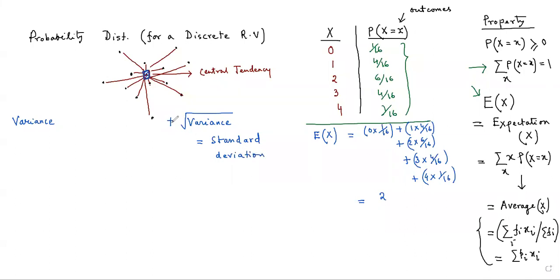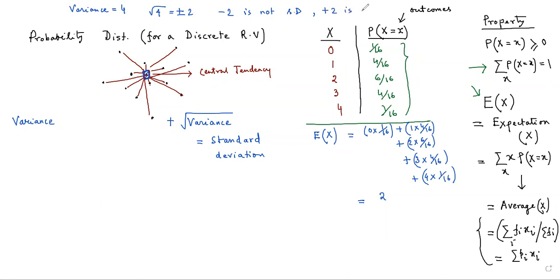Why do we take the positive square root? Why not the negative square root? Suppose my variance comes out to be 4. Then mathematically we know that root over 4 is plus or minus 2. But here, minus 2 will not be the standard deviation. Plus 2 is the standard deviation.